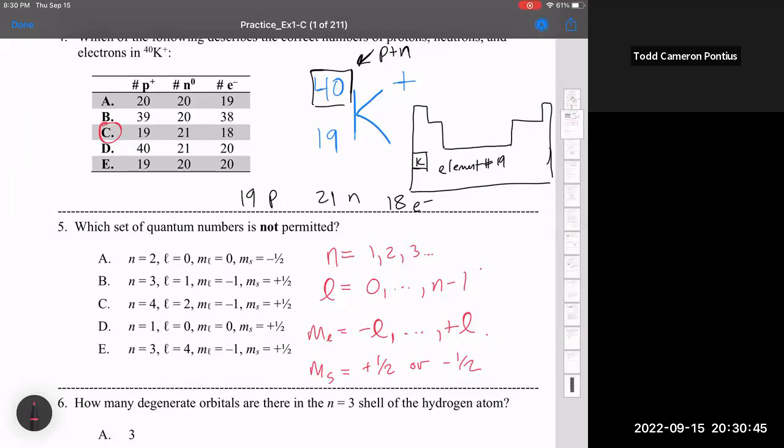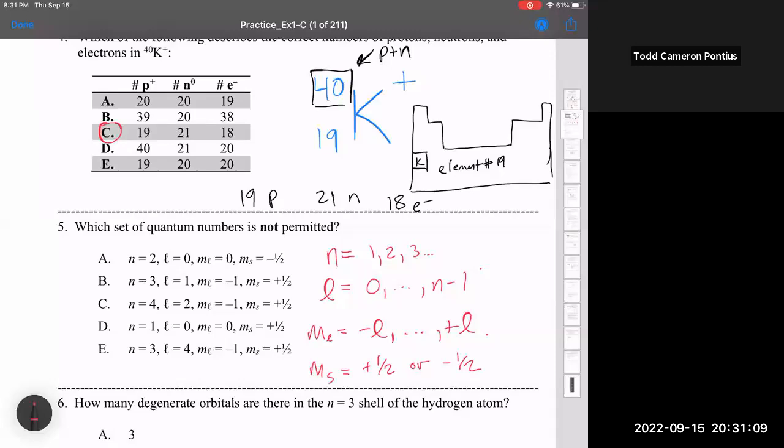So looking through these answer choices, A, n equals 2, that's cool. If n equals 2, can l equal 0? Heck yes, it can. If l equals 0, negative 0 to positive 0 just includes 0. Negative 1/2, cool. For B, n equals 3, okay, can l equal 1? Yep. Then negative 1 to positive 1 includes that. Okay, that's fine.